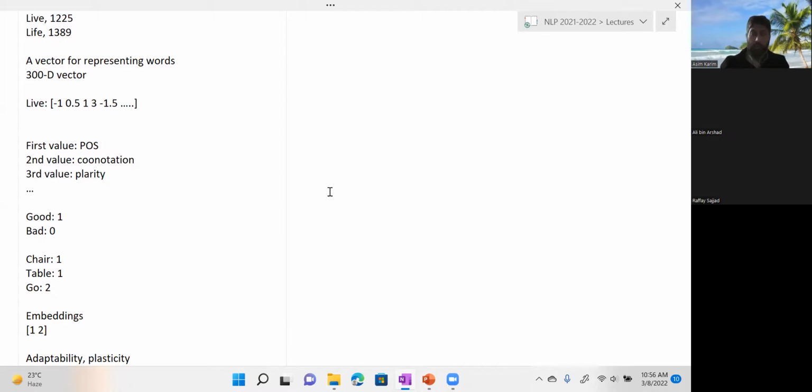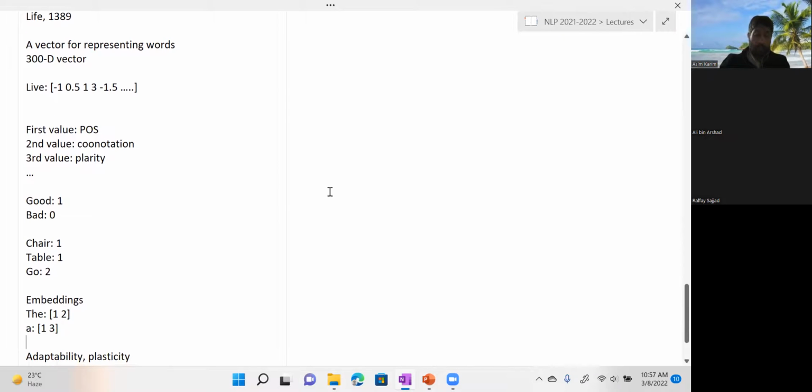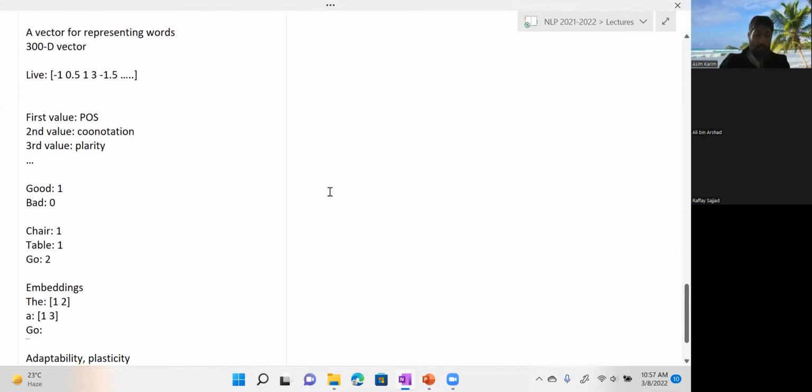So the x-axis would be 1, the y-axis would be 2, and you will have a point at 1, 2. This point represents a particular word, let's say, and you will have other words also. So let's say this is for the word D. Just an example. Let's say for the word A, you have 1, 3. And let's say for the word go, you have 3, 3, and so on. So all of these words would now be points in 2D space. So that's where the name embedding comes from. We have embedded those words in space.